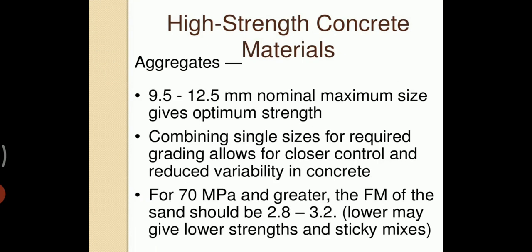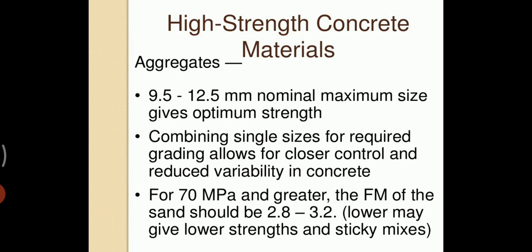Here we are discussing the high strength concrete. The materials which are used for making the high strength concrete are, here we use 9.5 to 12.5 mm nominal maximum size aggregates, because this gives the optimum strength.